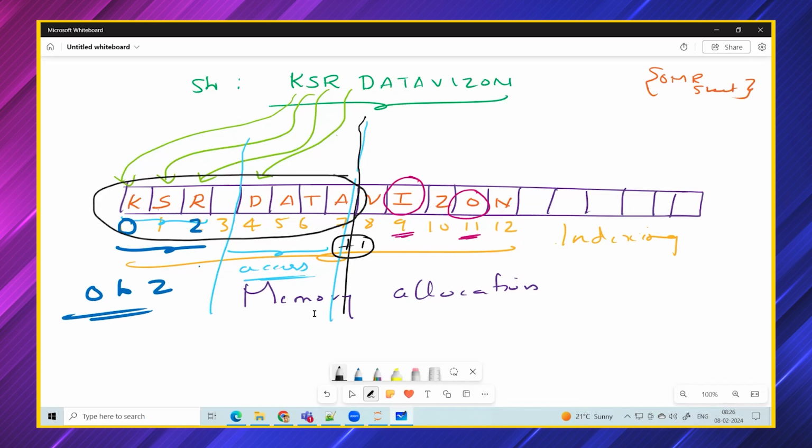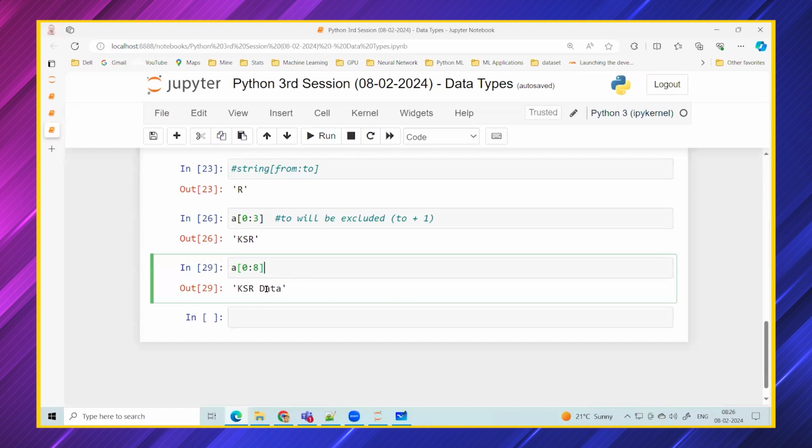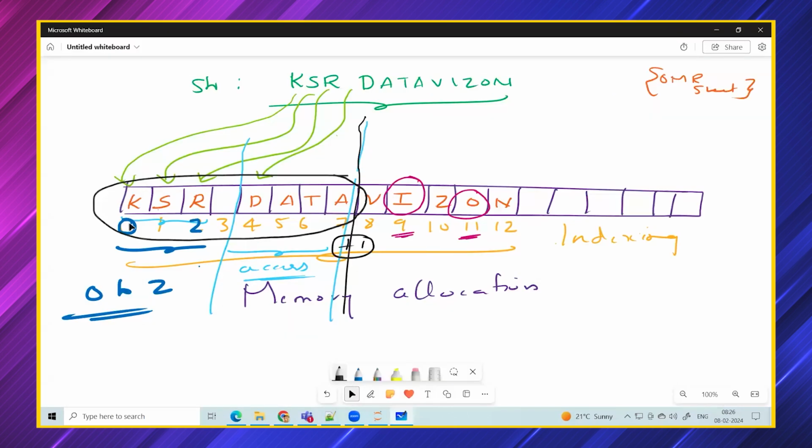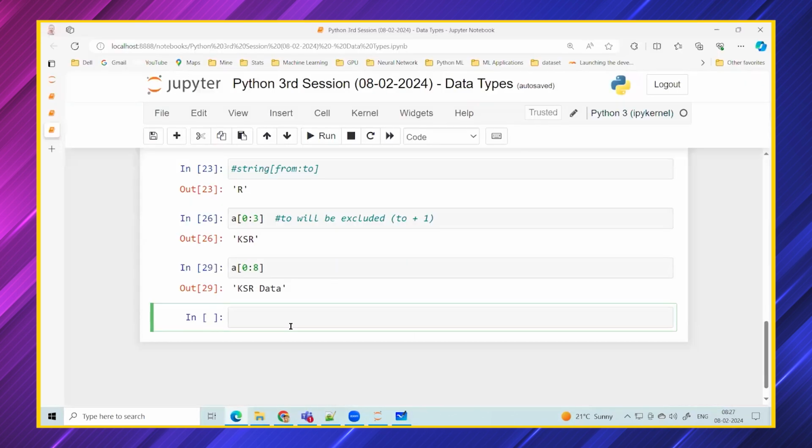Now, this is a case. Always do remember that if I want to start, the start position will be considered. The end position will not be considered. So here, this will be string of start position colon end position.